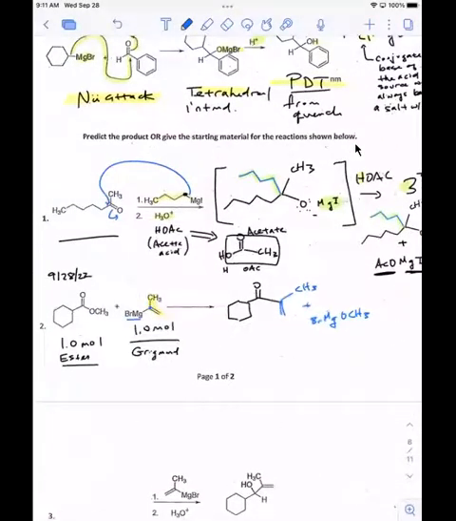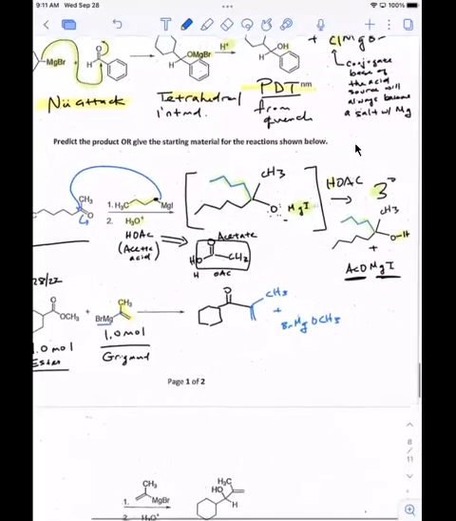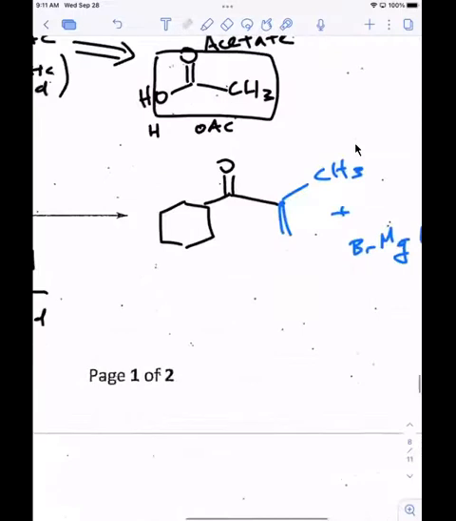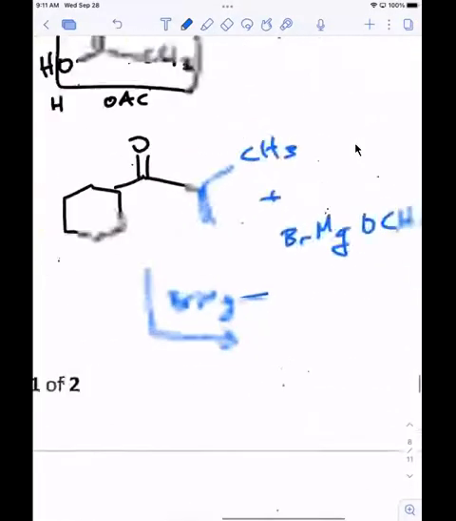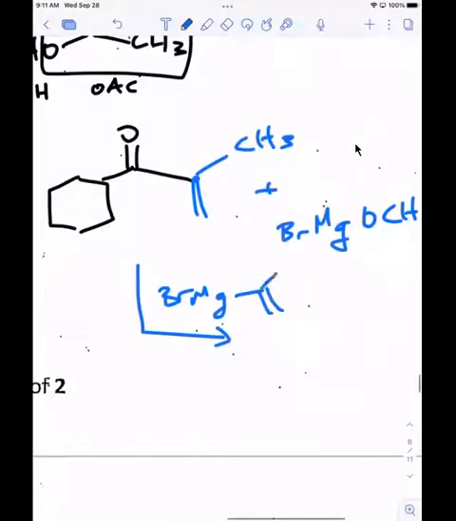Now, what happens if I take that and I add a second mole of Grignard?